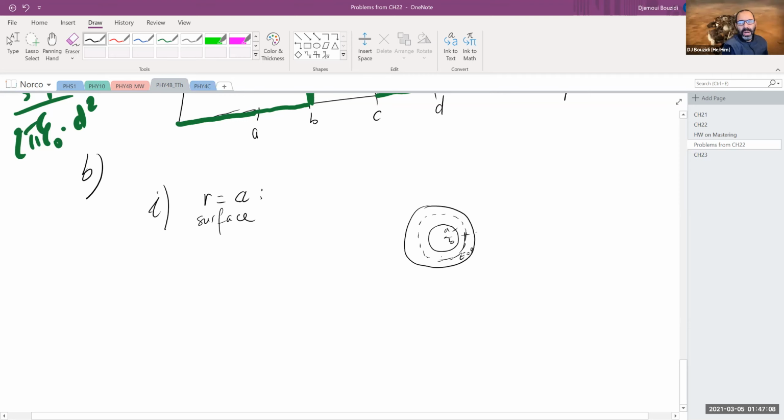If I apply Gauss's law, I know the electric field is 0. By symmetry, it has to be radial if it exists at all, times the area. So the flux, if I do the integral of E dA, is going to be 0 because E is equal to 0 inside the conductor.